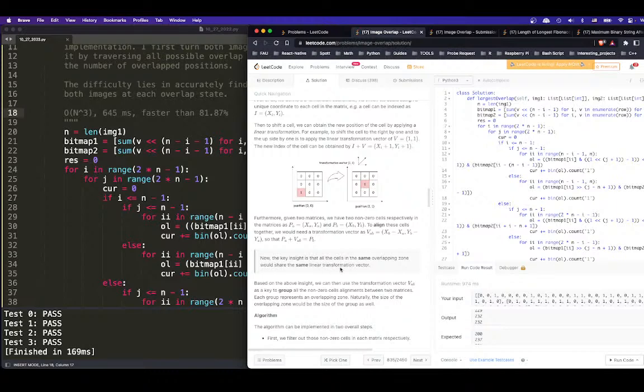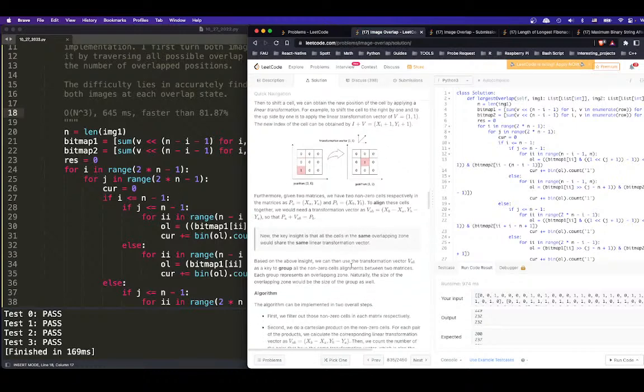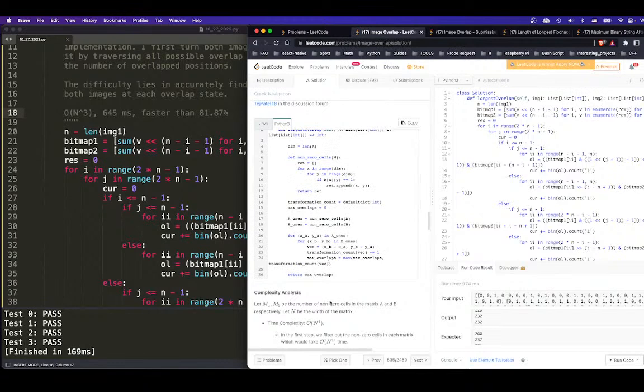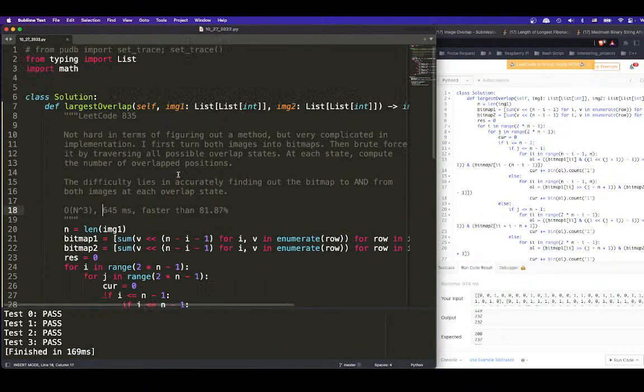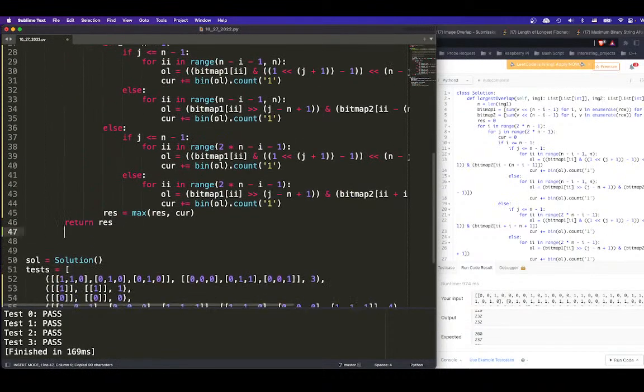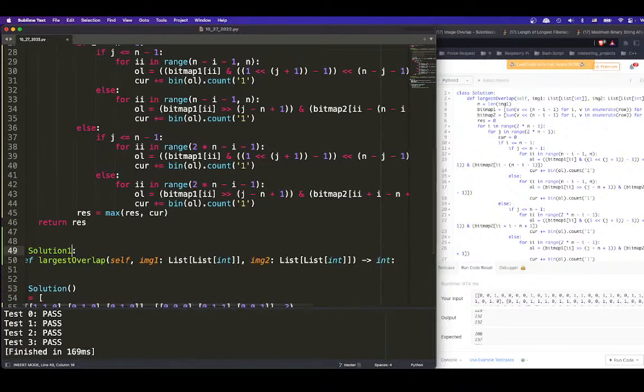The same linear transformation vector. Yes. Key to group all. Yes. My God, so good. The convolution is actually good as well. I like the convolution as well. Yeah, this is solution number 2 from the official solution.